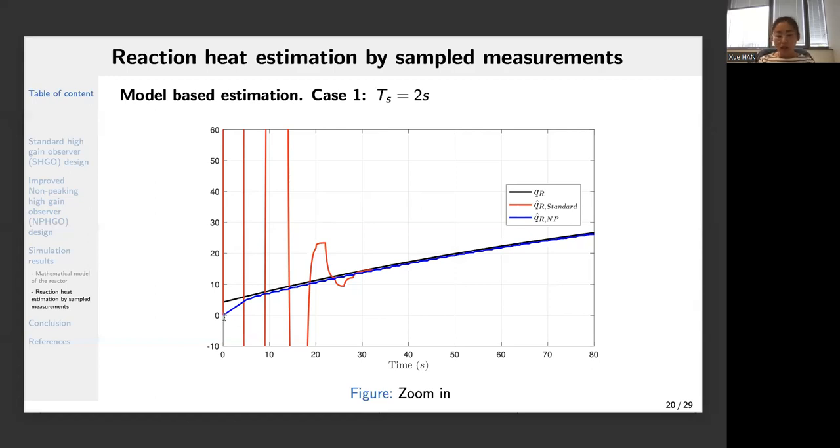And in contrast, the blue line, the estimation coming from the non-peaking observer, has no peaking phenomenon, and both can converge to the reaction heat coming from our model.